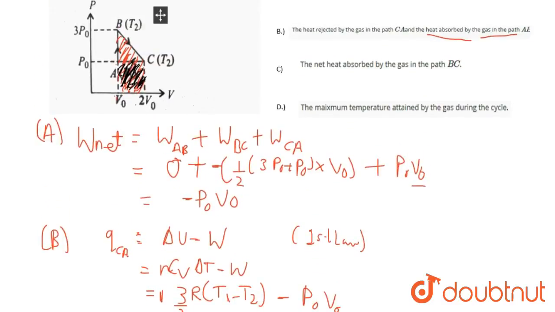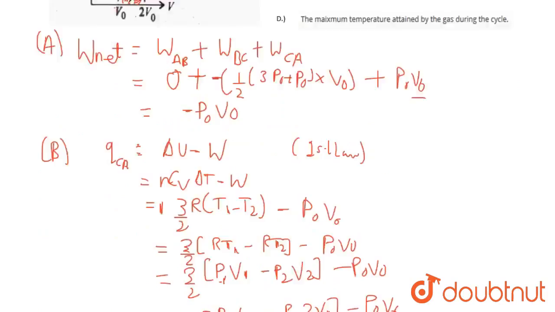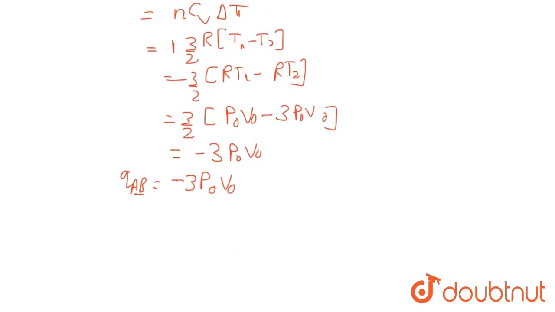Coming to the third part, the net heat absorbed by the gas in the path B to C. If we see the path B to C, it's clearly an isothermal in nature, because the temperature at B is also T0 and the temperature at C is also T0. So in that case, QBC would be equal to minus of work done, because delta U is 0 since it's an isothermal condition.